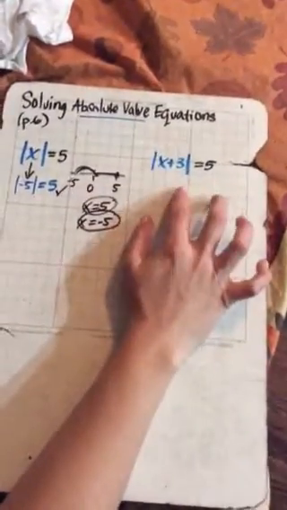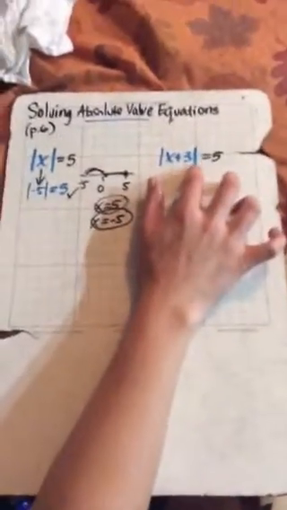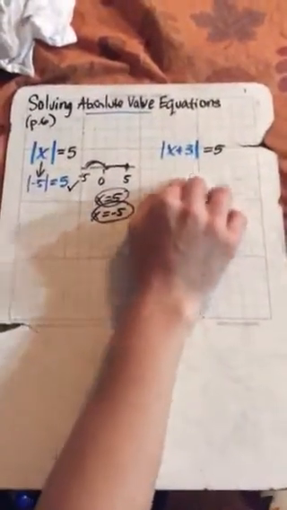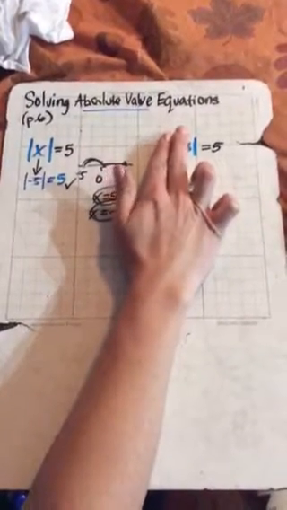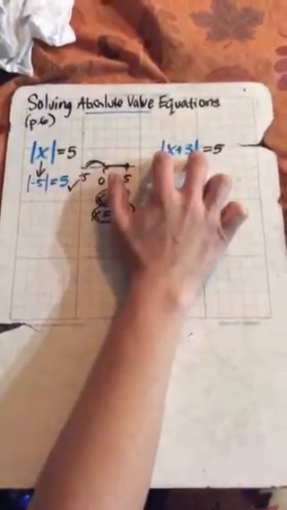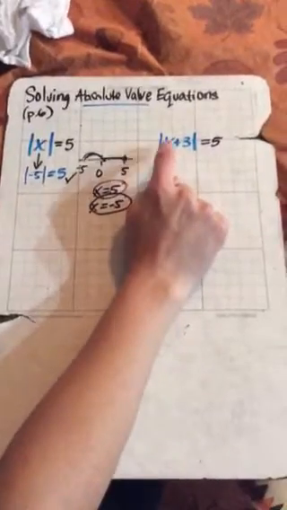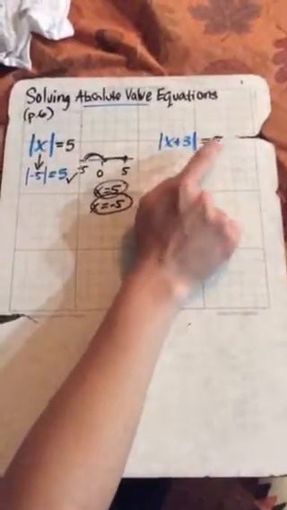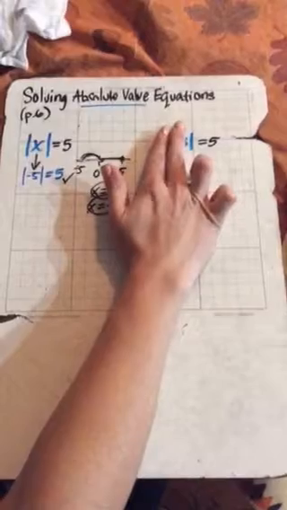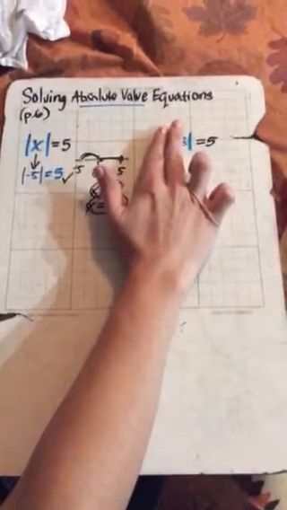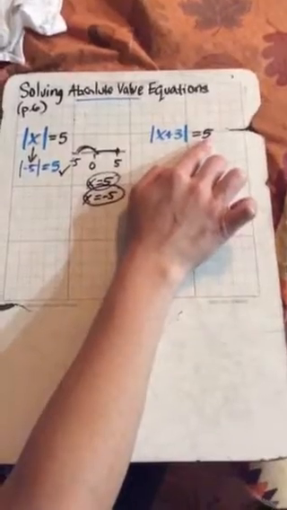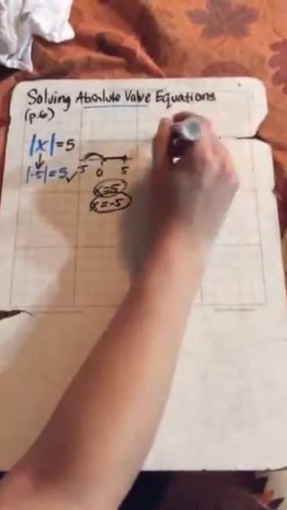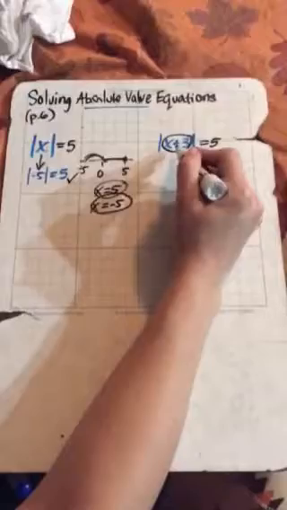Okay, so with this example, now it's a little bit more complicated, but if we don't worry about what's inside the absolute value bars, we know that it's distance because we see the bars. We know we're looking for an x value that will make this true, but we don't worry right now about what's inside here. We know that the distance we're talking about is 5.